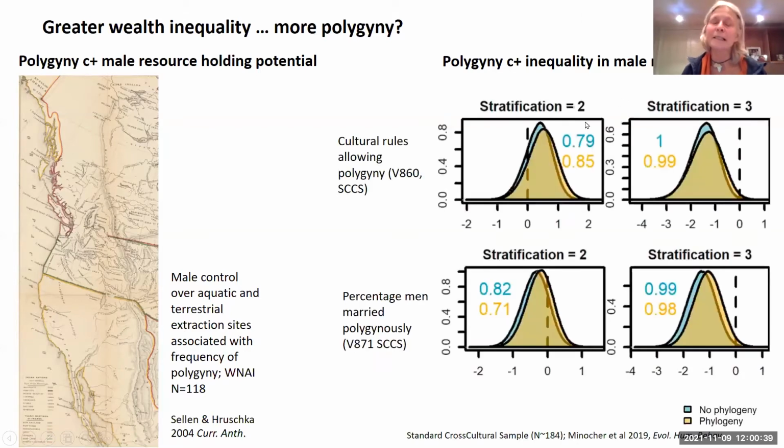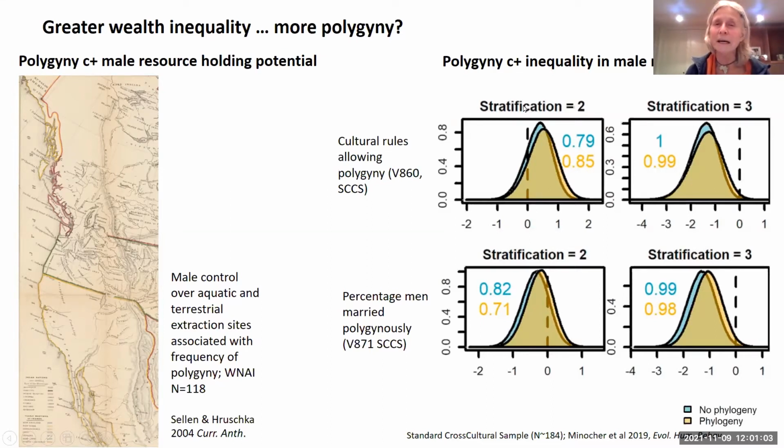And just to look at this in more modern terms, a nice recent paper by Minocher et al., using data from the Standard Cross-Cultural Sample, examines both cultural rules for polygyny and also the percentage of men married polygynously across 3 different levels of stratification. So the base case here is egalitarian societies.